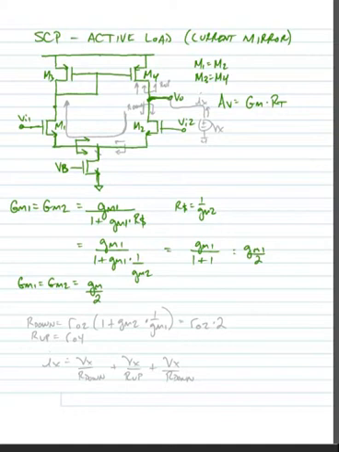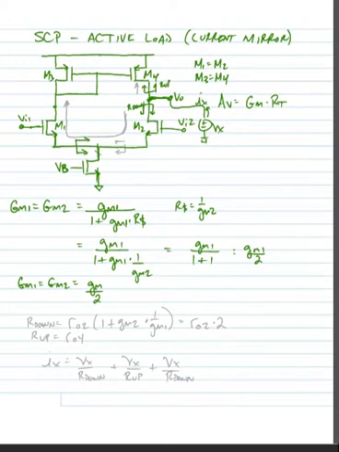Now the next thing that we need to find, obviously, is the output resistance at the output node. If we put a test voltage source, Vx, into the output node, and we measure the current flowing out of that test voltage source, we would find the output resistance. What we're going to find is an R down and an R up by doing this.